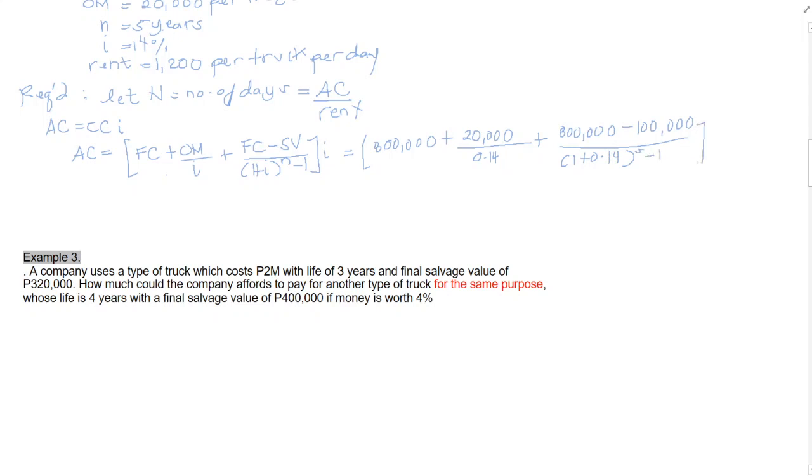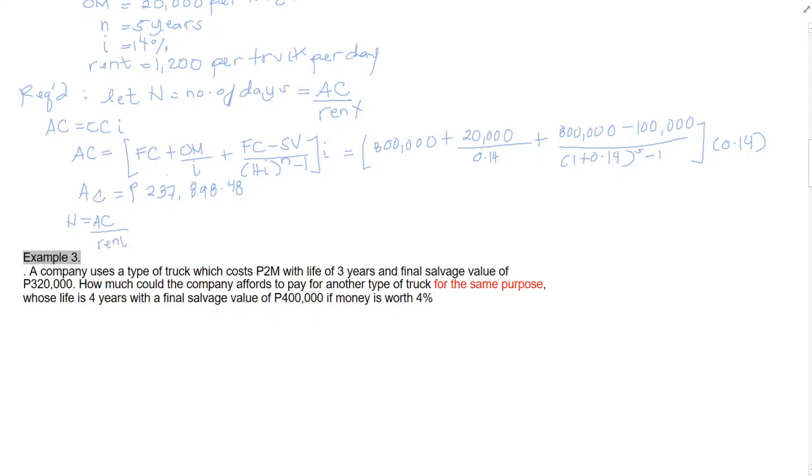So that is multiplied also by 0.14. Okay, so we are now ready to get the value of your annual cost. So that is 237,898.48.